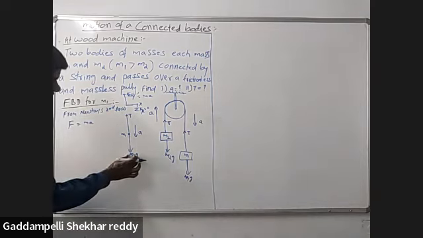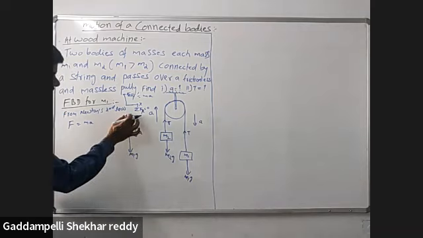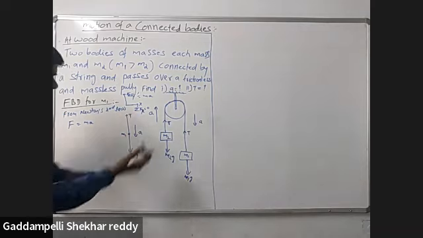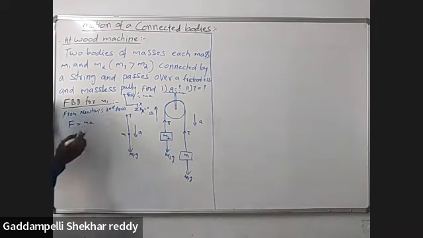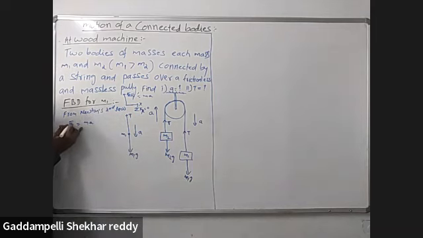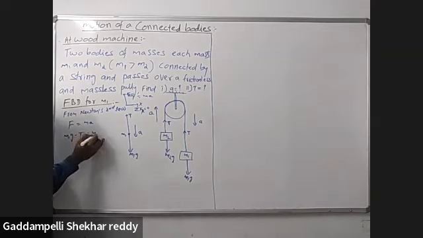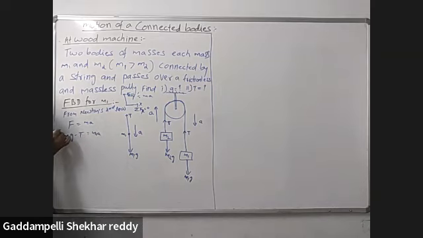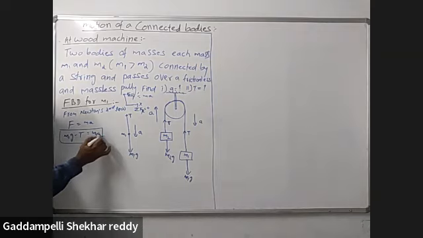So m1g minus the tension force is equal to the resultant force. That means the net force F net is equal to m1g minus tension, which is equal to m1a. Let this be equation 1.